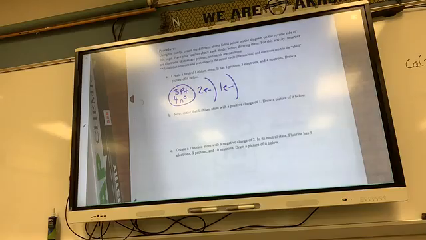That's no longer lithium. Try something else. That is not lithium anymore. It does have a charge of positive 1, but that's not lithium anymore. Yes.